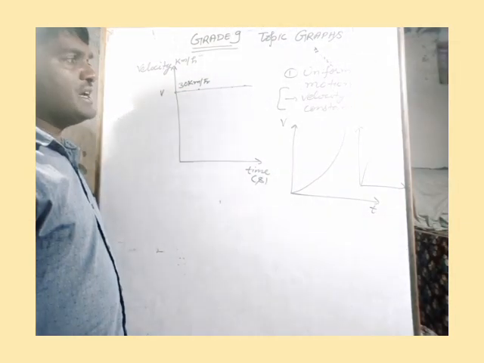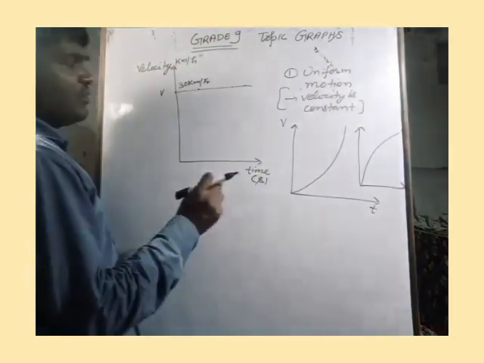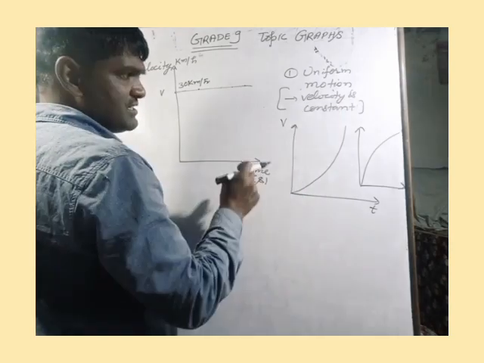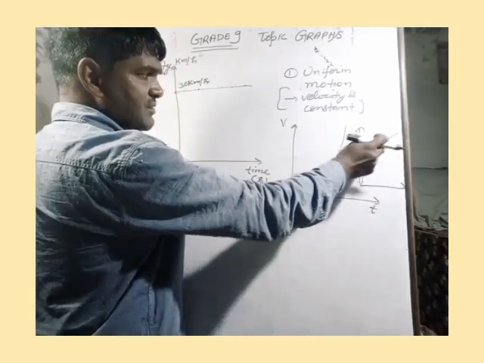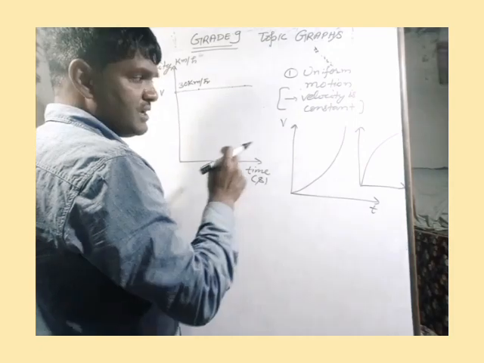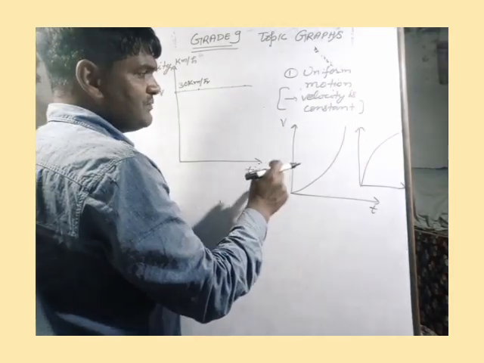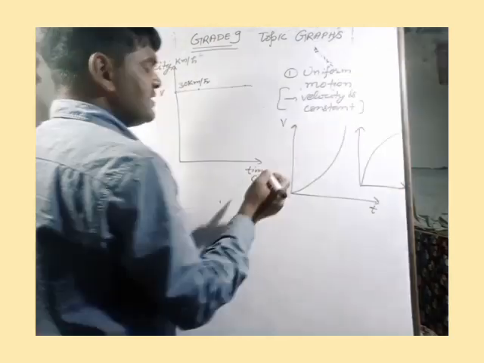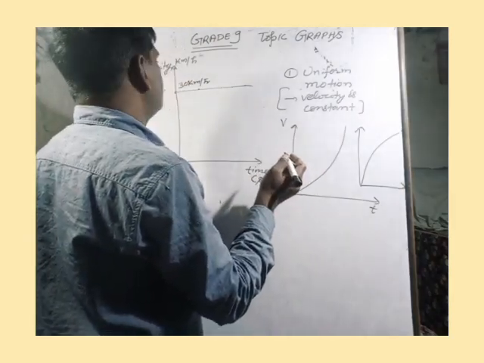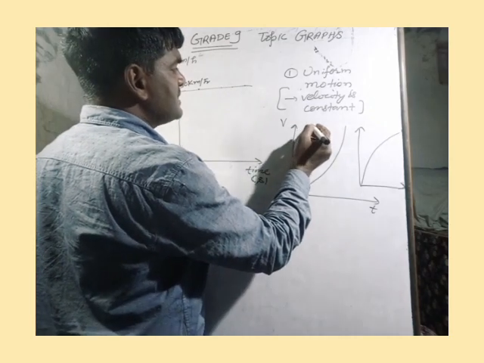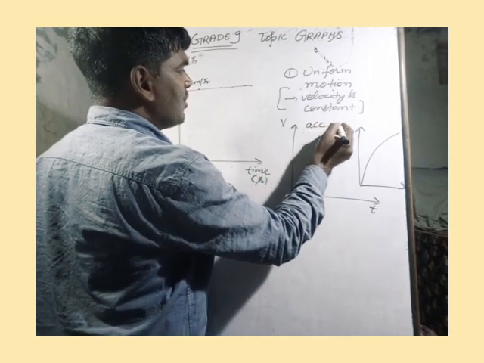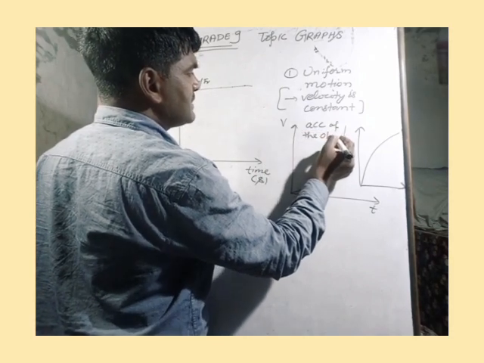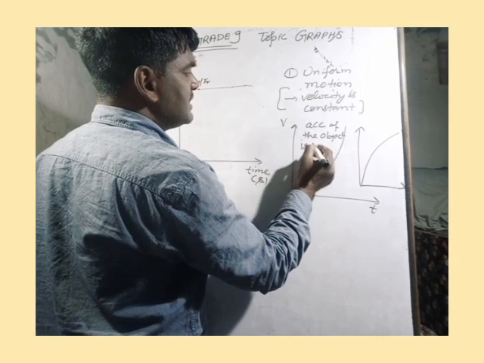But what will happen here? In the distance time graph, we were saying that speed was increasing, here speed was decreasing. Now from the velocity time graph, we can say that acceleration is increasing. Instead of speed, we will say that the acceleration of the object is increasing.